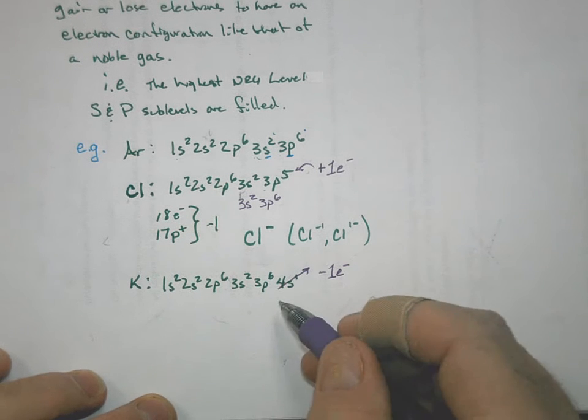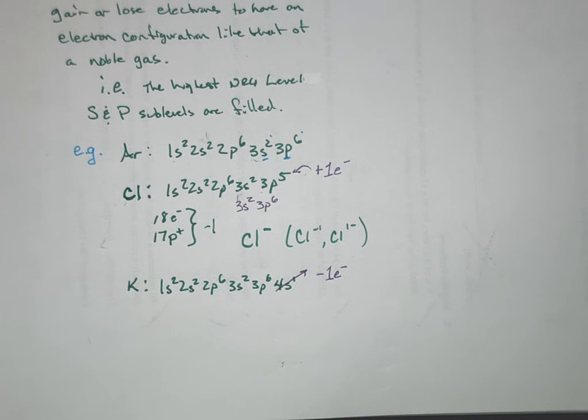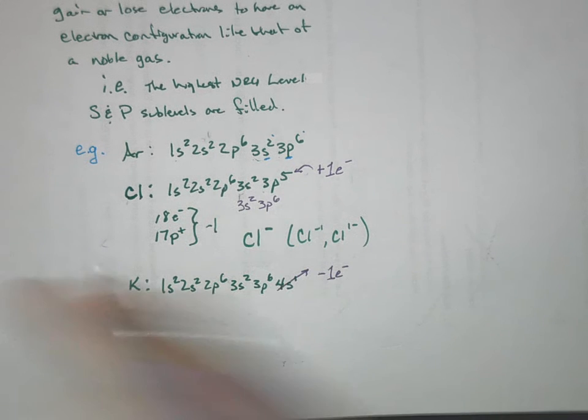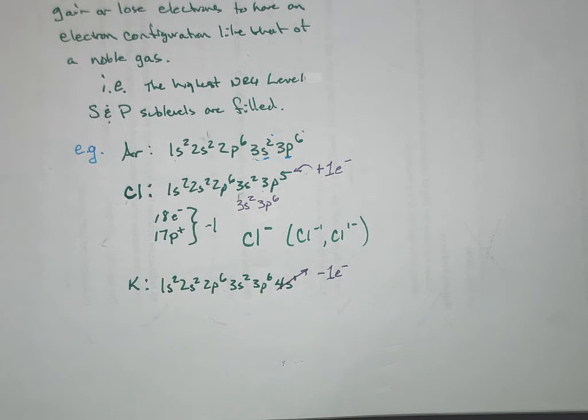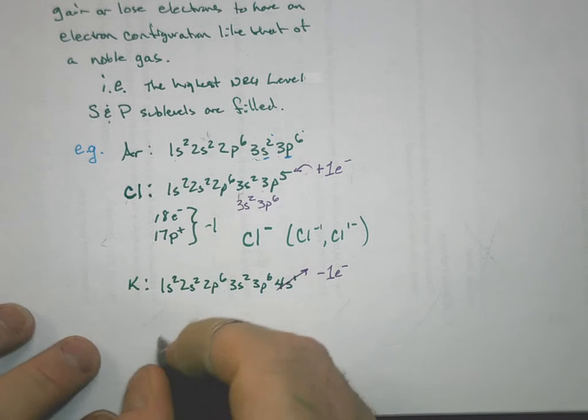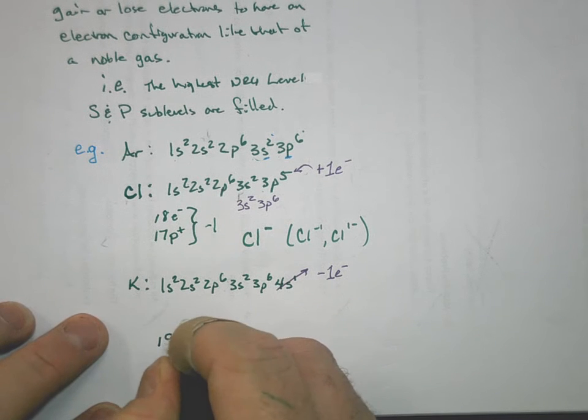It would be happy. We have our noble gas electron configuration. It's all good now. Same thing with chlorine over here. It had the same noble gas configuration. But this time, because we lost an electron, potassium has 19 protons.